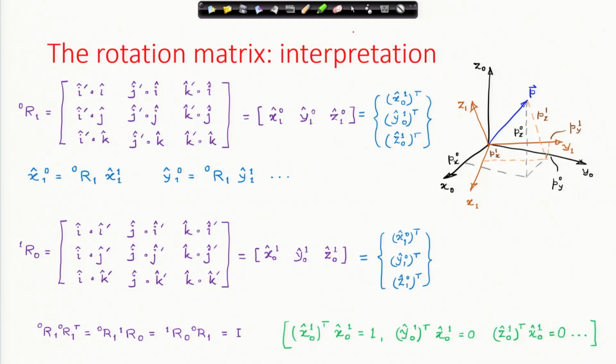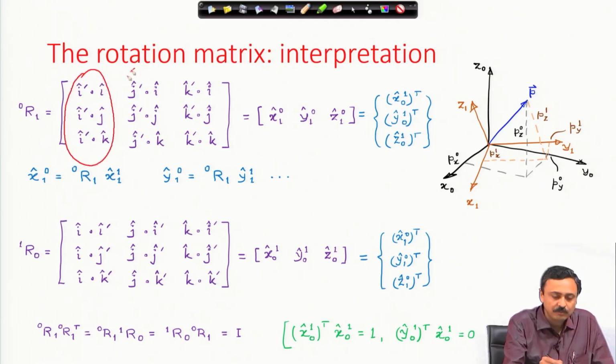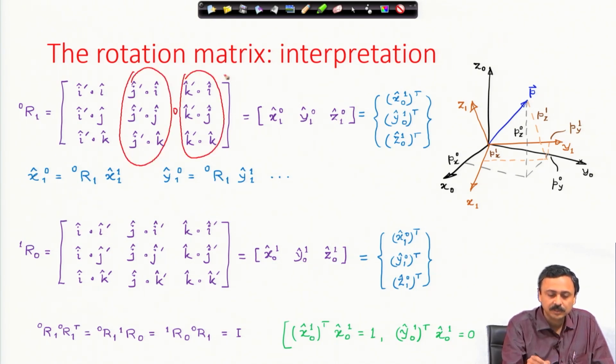and basically orthonormality would mean that the dot product of this column with this column is 0. Similarly, the dot product of this column with this column is 0.